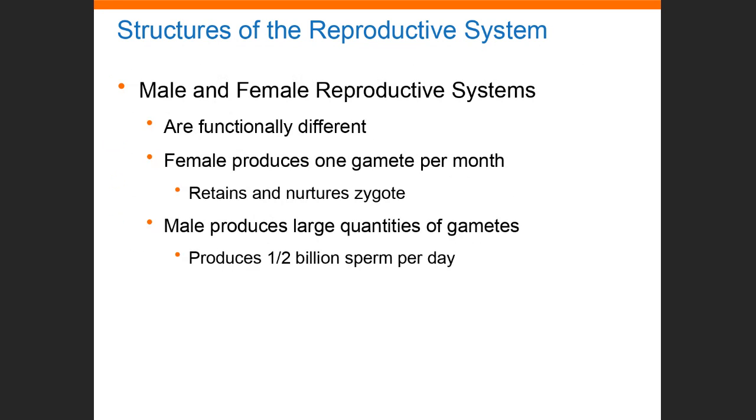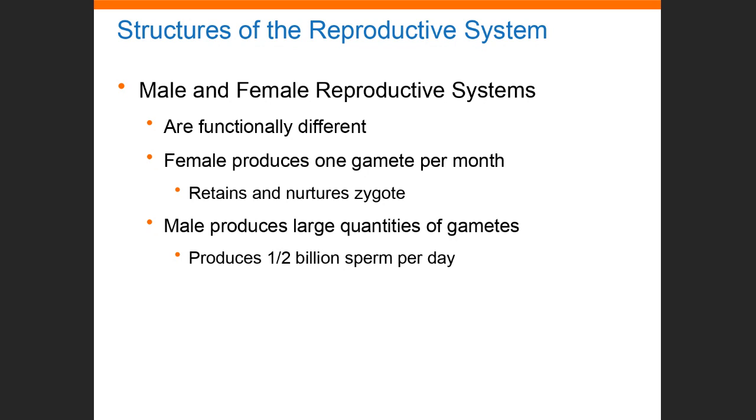Okay? All right. So the male and female systems are a little different. The male is all about producing lots and lots and lots of gametes and then delivery. The female is about putting its egg and putting its investment into one viable option a month, and then housing that viable option, if it gets fertilized, implants and can develop and grow until it's at a stage that the offspring can come out and somewhat survive on its own.